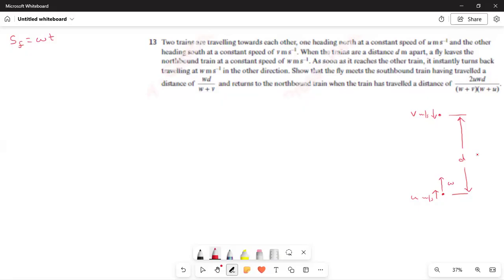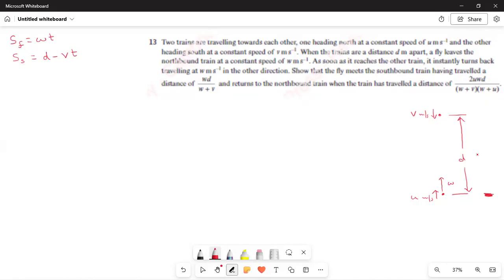I'm calculating the distance from this point because this is my reference point, the reference point of the northbound train at time zero. That distance of the southbound train, let me put it as S. So the total distance was d minus vt. I hope this is clear because when time is zero, the distance was d. The southbound train has a distance of d from this reference point, and as t is passing by, this whole quantity is decreasing.